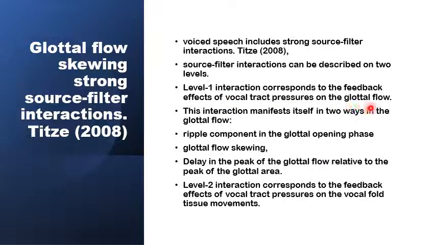In glottal flow, there are two examples of them. One is the glottal flow skewing, the delay in the peak of the glottal flow relative to the peak of the glottal area, and the other is the ripple component in the glottal opening phase.